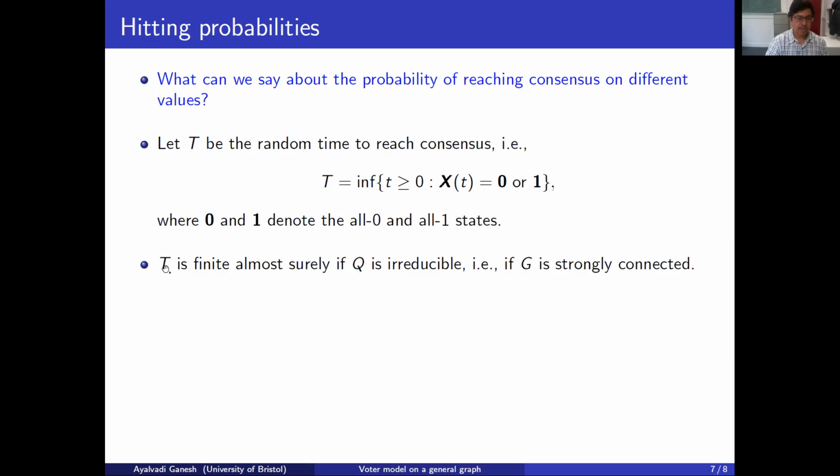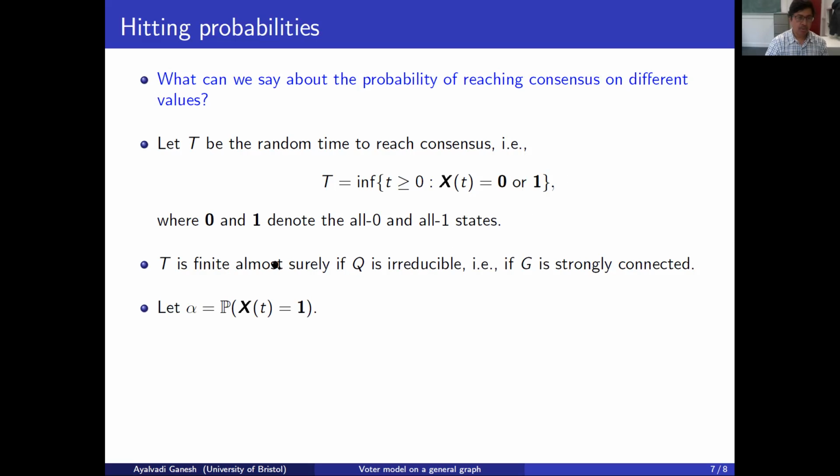Also, this random time T is finite with probability 1, if Q is irreducible, meaning G is strongly connected, because then these states are accessible from all other states, as we already saw, and it's a finite state Markov chain. So it cannot take infinitely long to reach these states. Okay, so T is a stopping time.